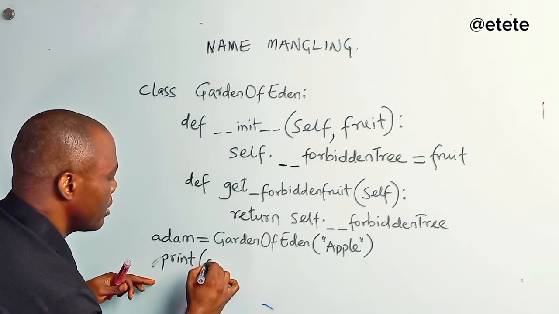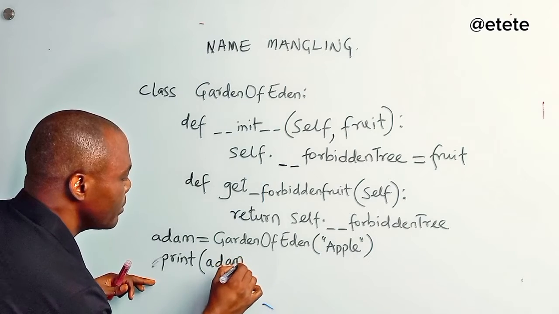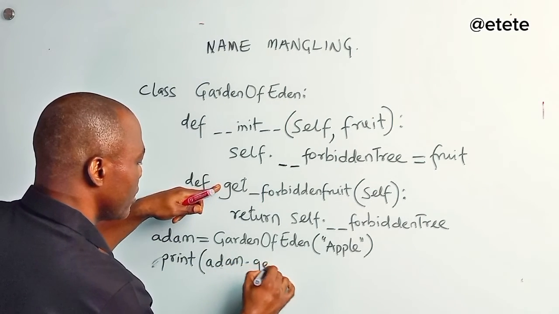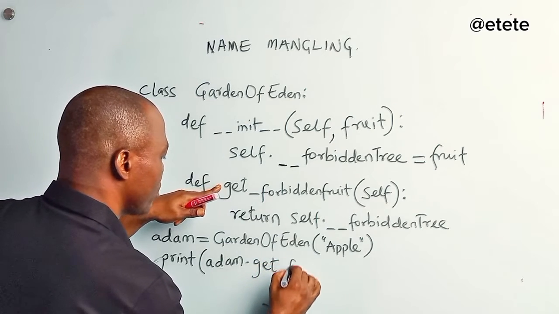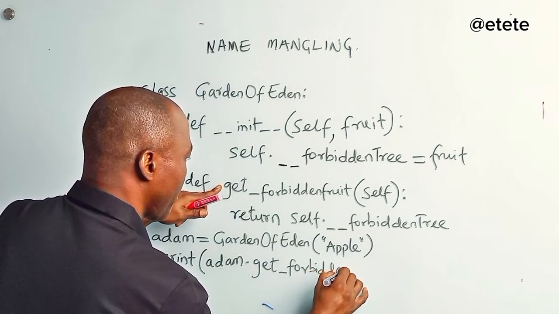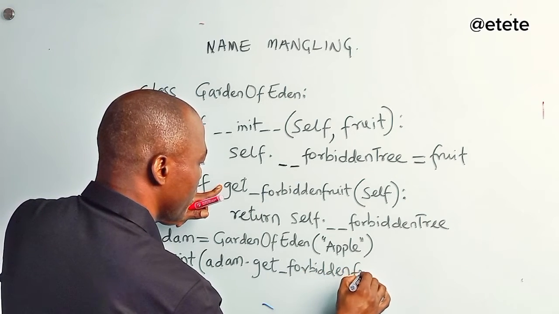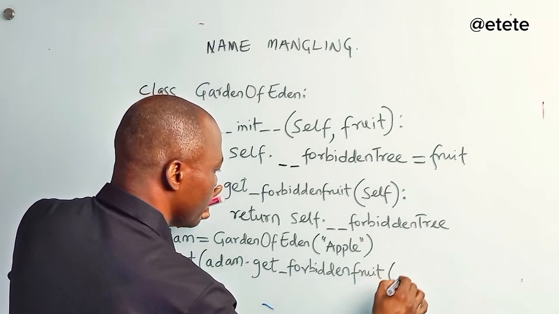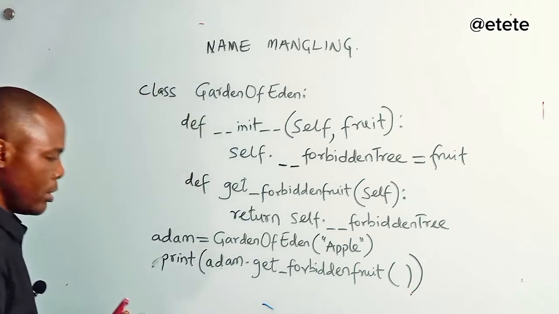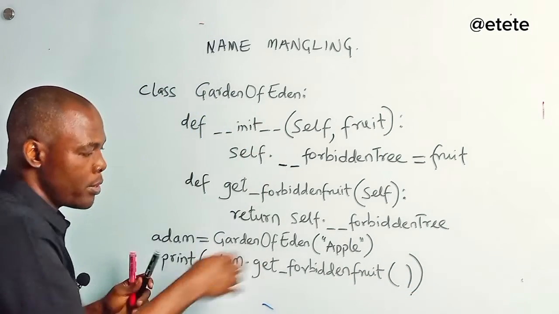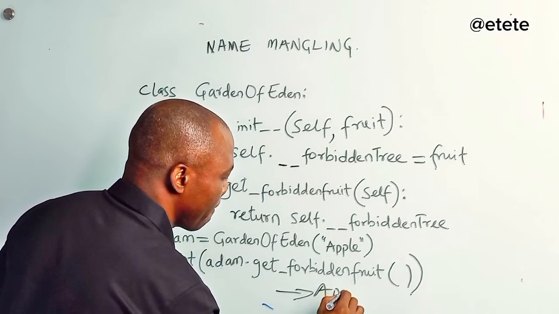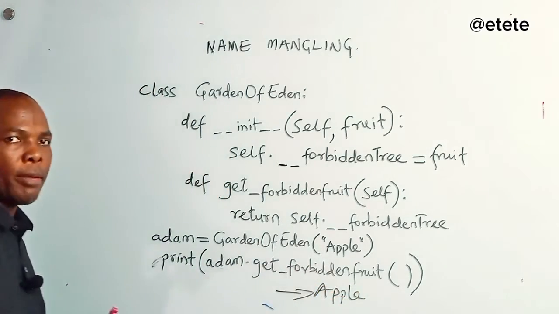So print Adam dot, then I'm going to call this function get_forbidden_fruit. It is a function, so you have to put the parentheses. So if I execute this program, it's going to print out apple. It's going to print out apple.